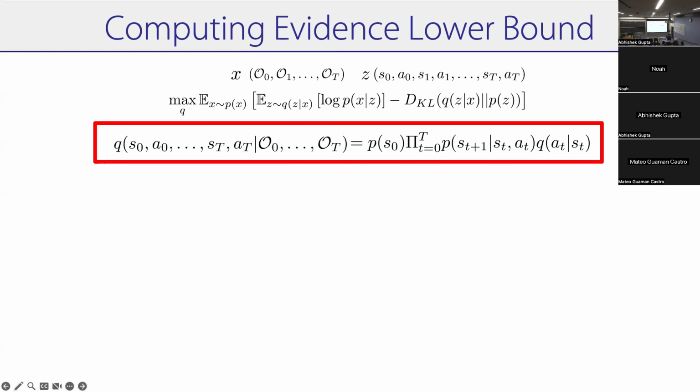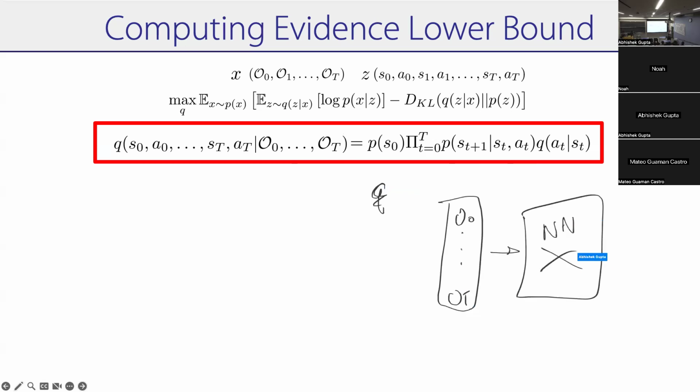And the reasoning behind that is that you want your policy to obey the transition dynamics. You don't want it to choose its own transition dynamics because it has to run in the world. That's the point. It's hard for me to see any other formulation. One thing you could do is have a neural net which takes in optimality, and then outputs the mean and variance over states and actions, right?